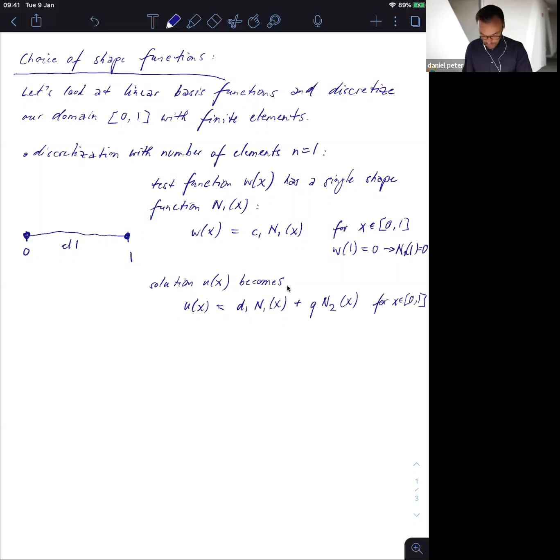And in this case, we impose that u1 has to be equal to q, which means that N2 at 1 is equal to 1.